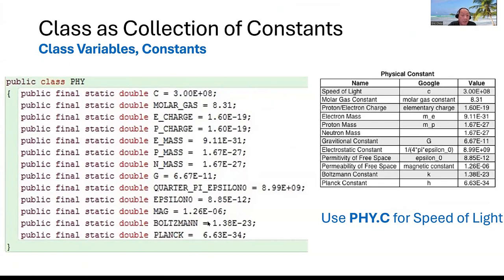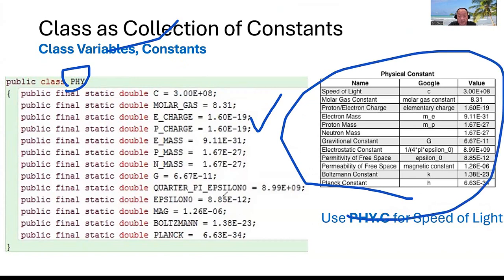And can you have a class, say a class called physics, that only stores many constants, no functions, no other things, just constants? That's perfectly okay to store all of the physics constants.